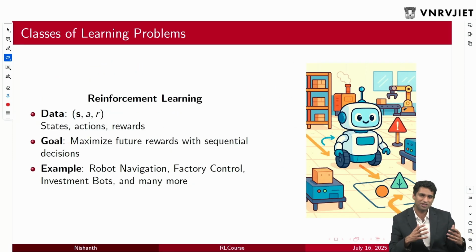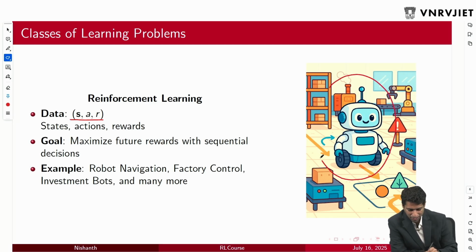Now that we have seen the two different types of problems, reinforcement learning is its own class of problems within machine learning, and it is quite different from supervised learning and unsupervised learning. So in reinforcement learning, we usually have three variables, which are states, actions, and rewards. So we can think of some agent that can interact with its environment.